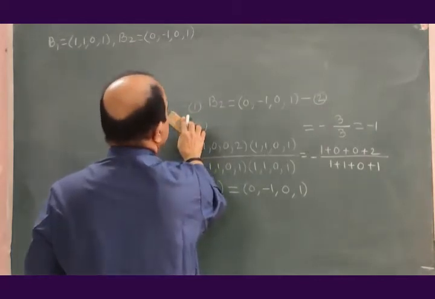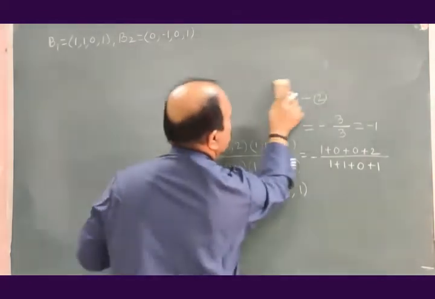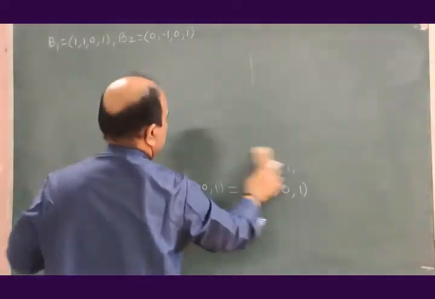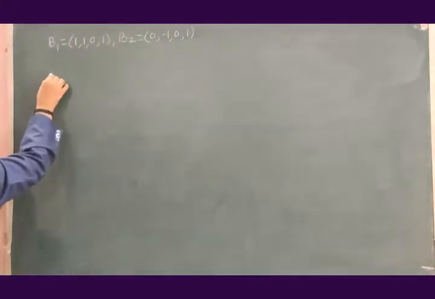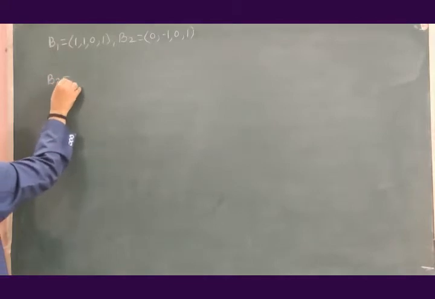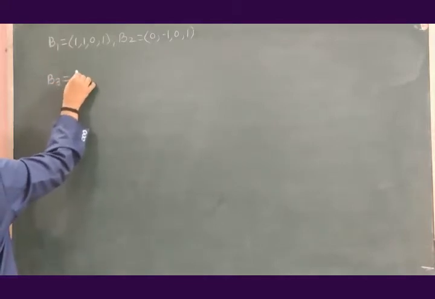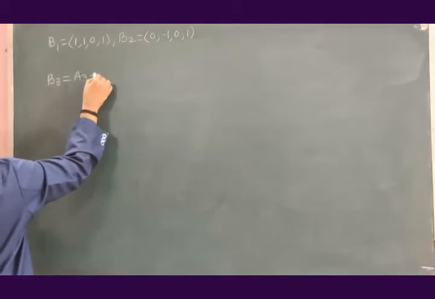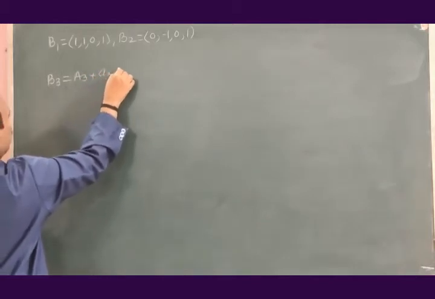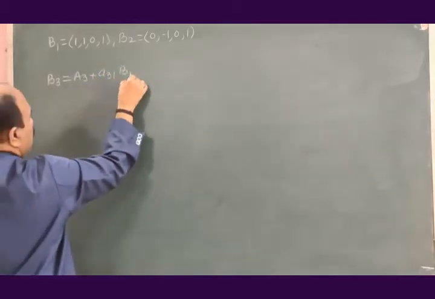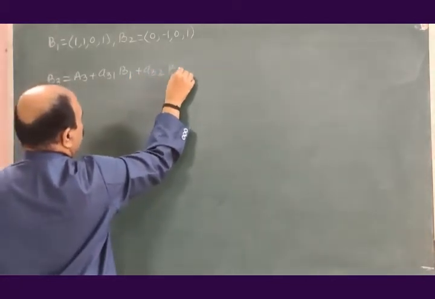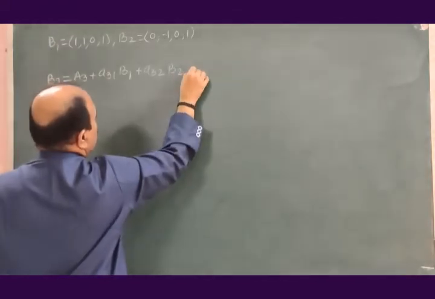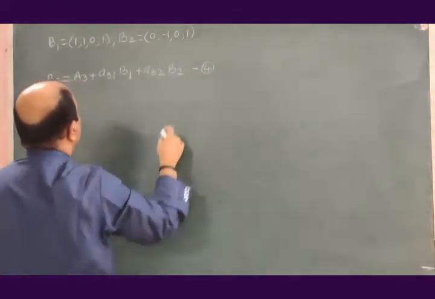We need values of A1, A2, A3. Now B3 is equal to A3 plus A31 B1 plus A32 B2. Equation number 4.